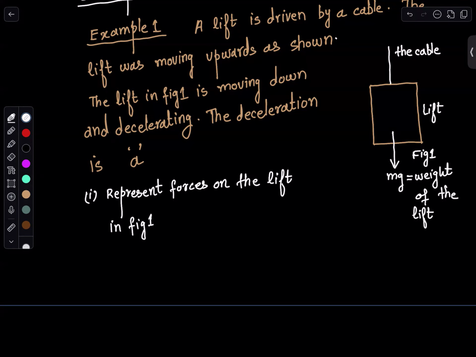Away from the lift, because tension is a pulling force that always acts away from the object on which it is acting. So one force is the weight and the second force is the tension. The tension on the lift is acting away from the lift, or you can say it's acting upwards. The tension in the cable is represented by T. So these are the two forces acting on the lift.